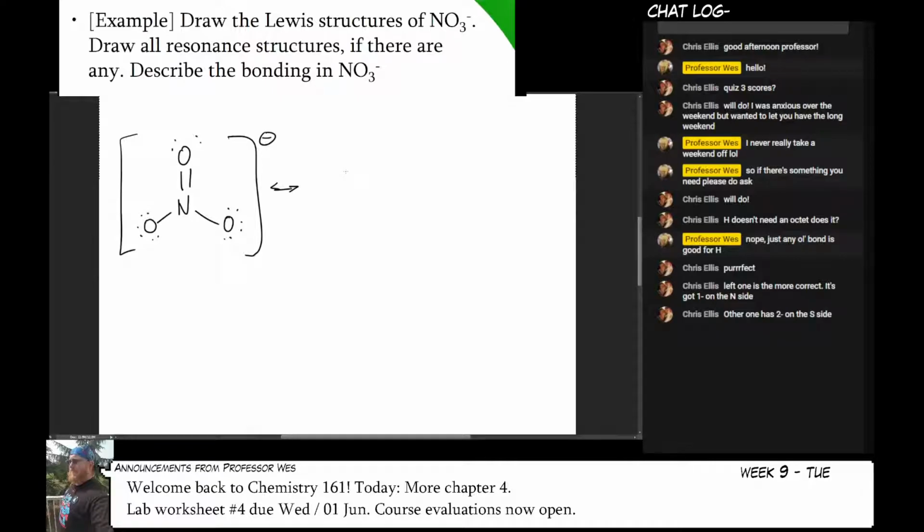But you could have put the double bond in a different position, say over here. Or you could have put it in the other position, over there.